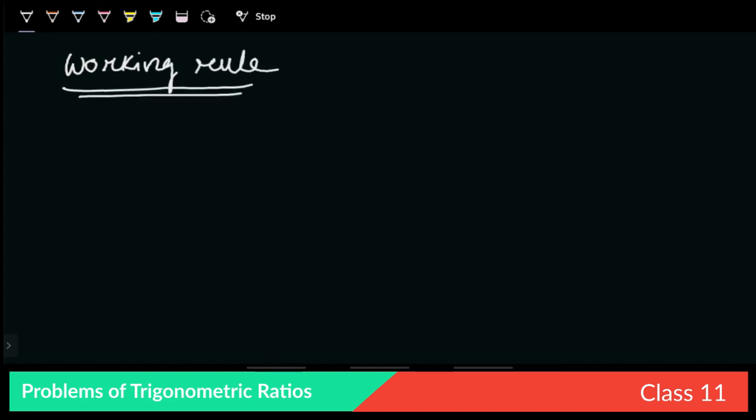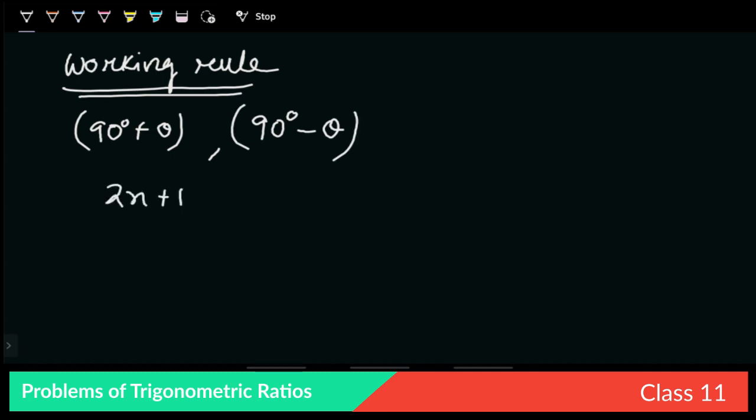according to the working rule, if a trigonometric ratio is associated with vertical line, that means 90 plus theta, 90 minus theta, 270 degree plus theta, 270 degree minus theta, or in general, it is (2n plus 1) pi by 2, that means 90 degree plus minus theta. So if you see carefully, I am drawing the quadrants.